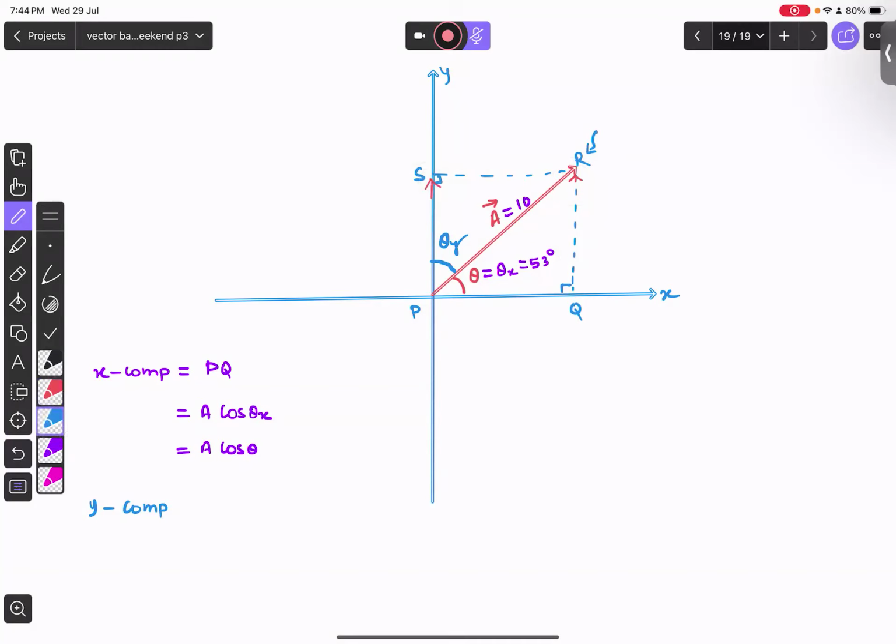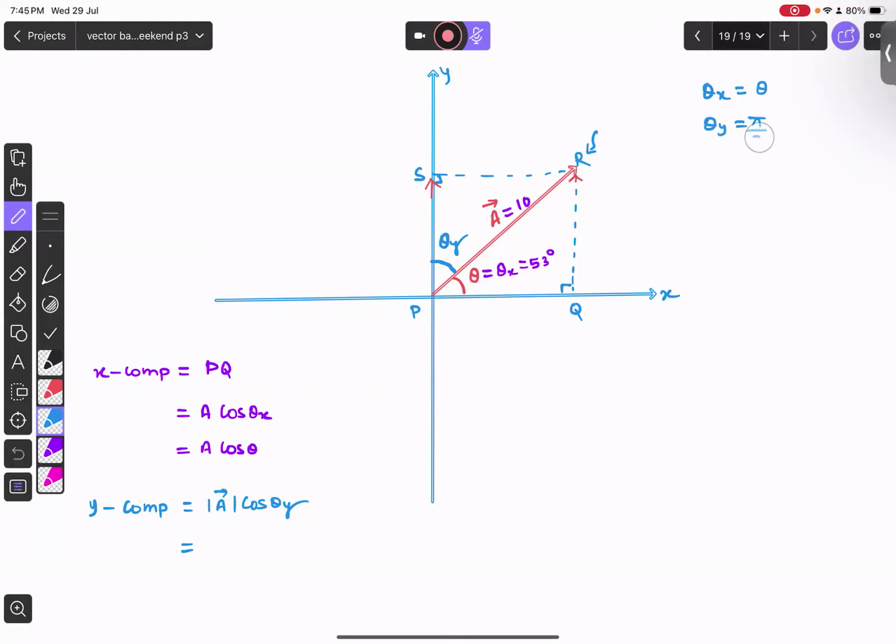So the y component will be vector A into cos of the angle it is having with the y direction. Because to find a component, we need just the angle between the vector and that direction. And here, if theta x I write down as theta, then what will theta y be?